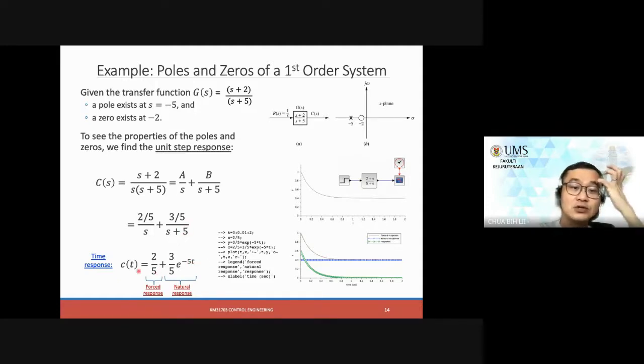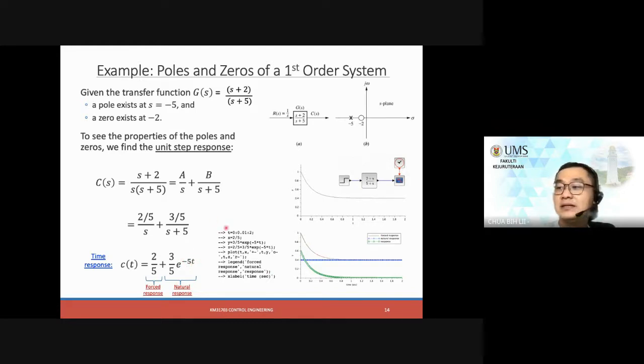In this equation, what you would see is that this front part is the forced response. Meaning to say, no matter what the time is, you would have this constant applied to your output or time response itself. Whereas the natural response would be the decaying part that depends on time.